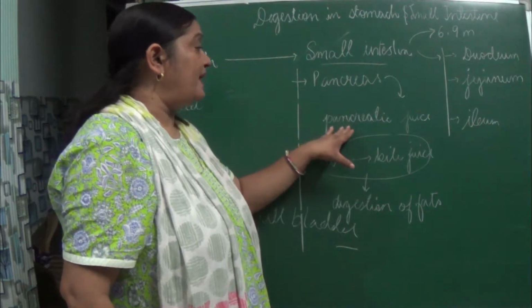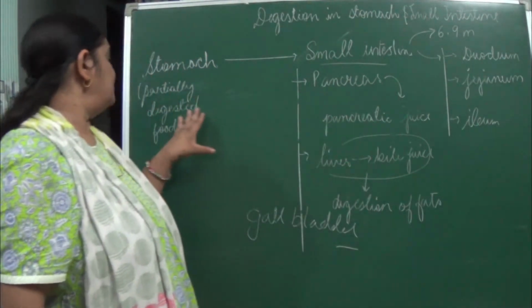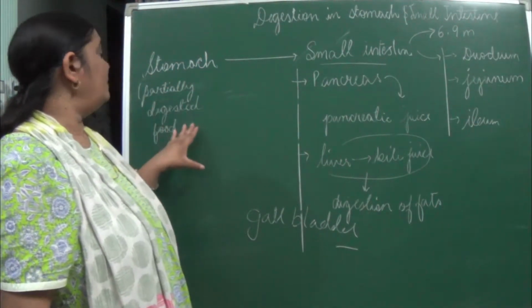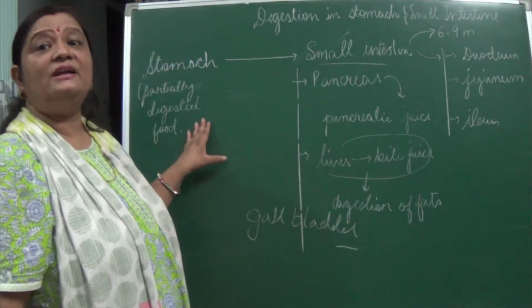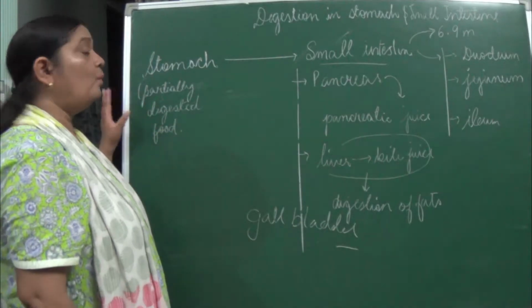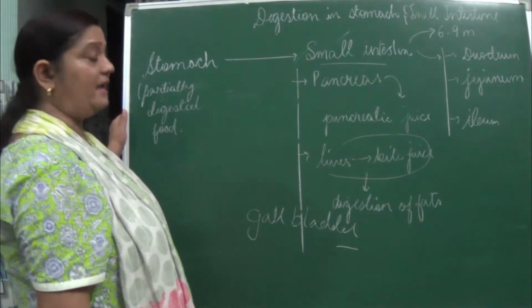Now this pancreatic juice acts on the partially digested food and totally digests the carbohydrates, proteins and fats.